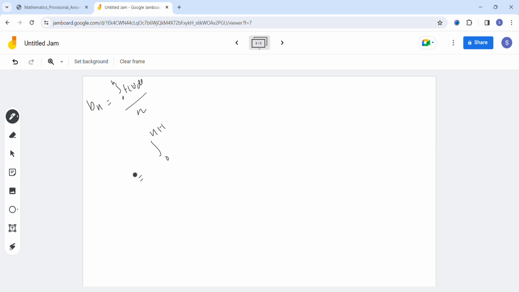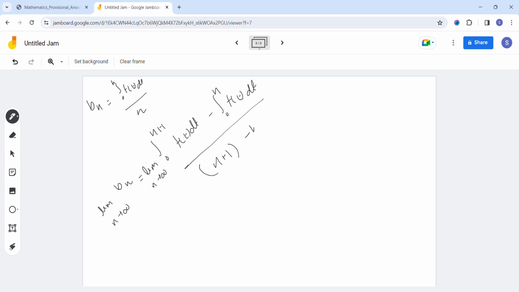That is the same as the limit as n tends to infinity of the integral from 0 to n+1 of f(t) dt minus the integral from 0 to n of f(t) dt, divided by (n+1) minus n, by the Stolz-Cesaro theorem.